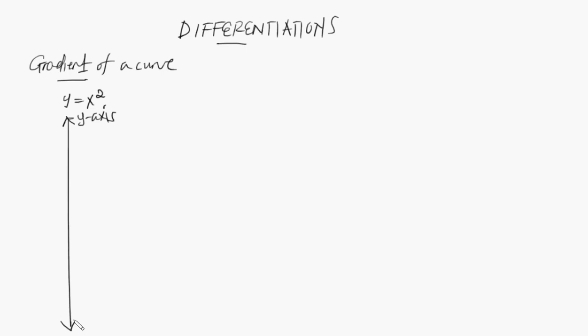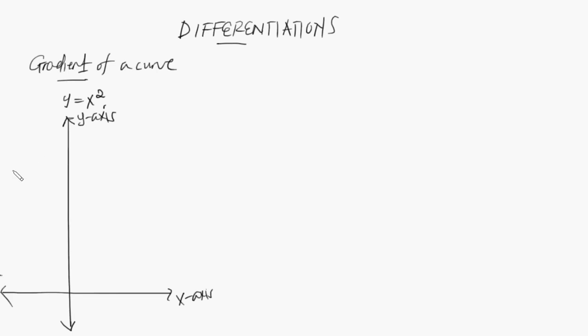And then we also have our x-axis somewhere here. So this one is our x-axis. So the graph of y equals to x squared is common.